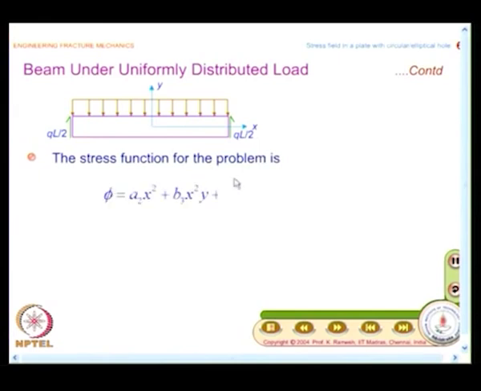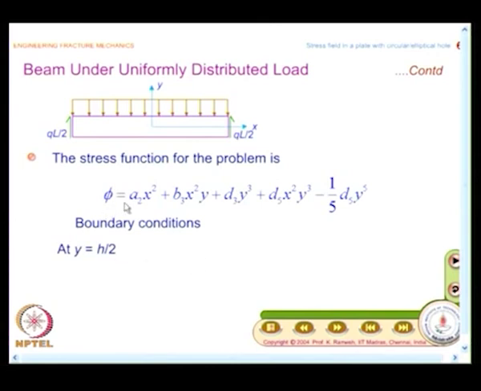And what is the stress function for this problem? The stress function for this problem is given as phi equal to a2 x squared plus b3 x squared y plus d3 y cube plus d5 x squared y cube minus 1 by 5 d5 y power 5.